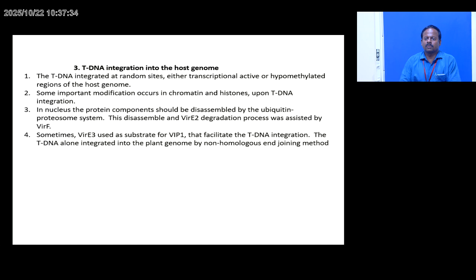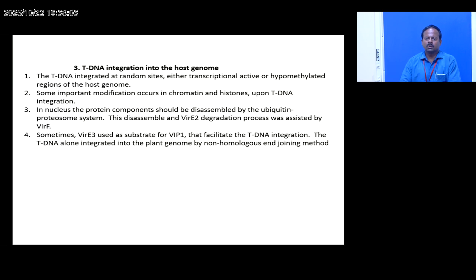Some important modifications occur in the chromatin and histones upon T-DNA integration. In the nucleus, the protein components are disassembled by the ubiquitin proteasome system. The disassembly and VirE2 degradation process is assisted by VirF. Sometimes VirE3 is used as a substrate for VIP1, which facilitates T-DNA integration.